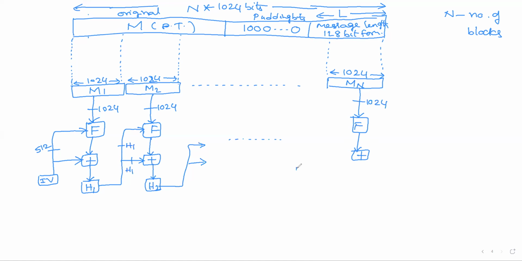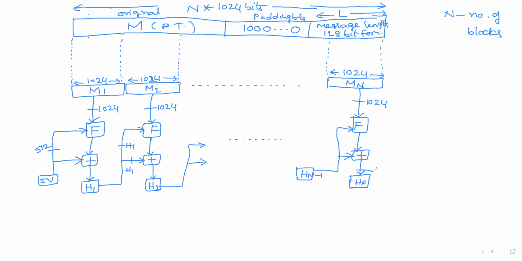For this, we will give Hn minus 1, that is the previous block hash code, as another input. Then the output of this will be the hash code Hn.